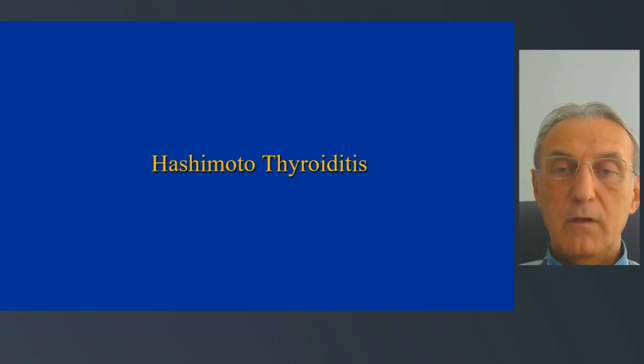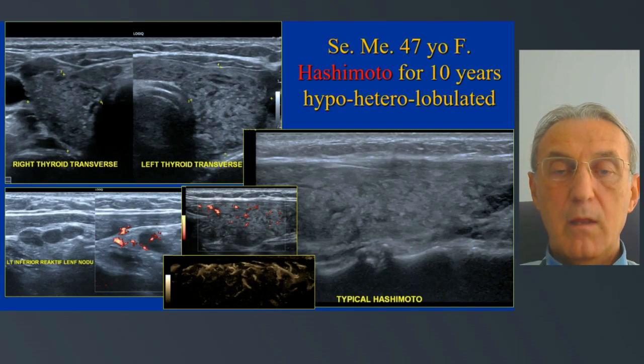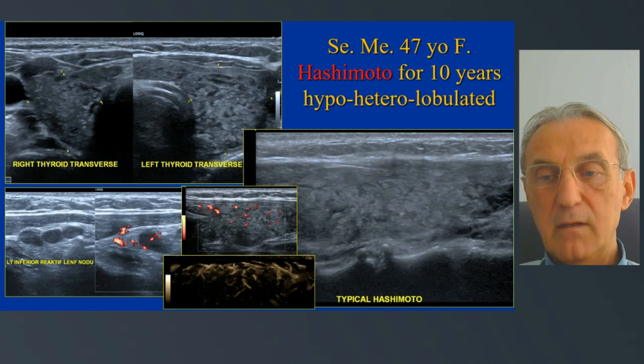Hashimoto thyroiditis is quite common also, especially in young women. This is a 47-year-old female, and the patient has had Hashimoto for 10 years. The thyroid gland is hypoechoic, heterogeneous, and lobulated, as you see here.